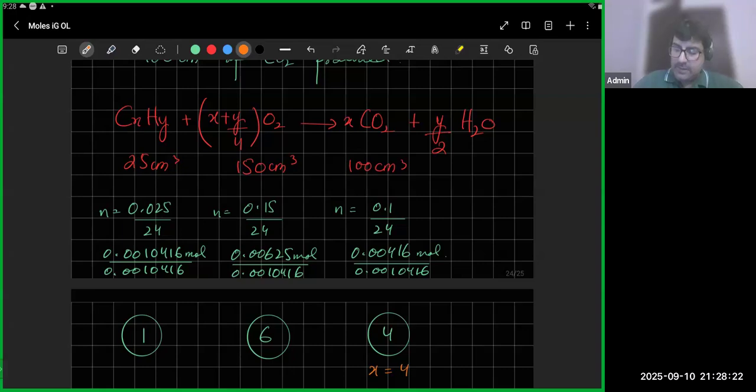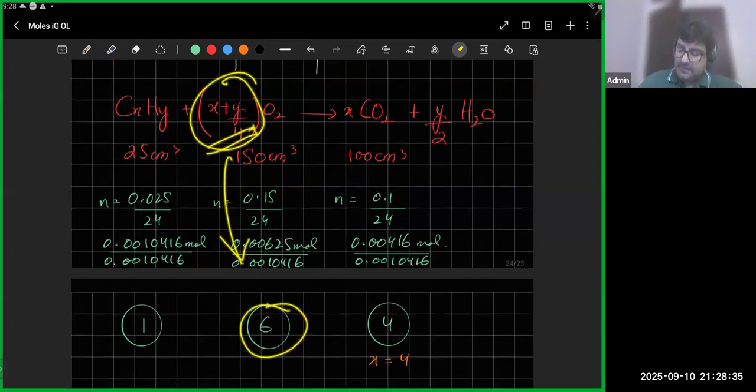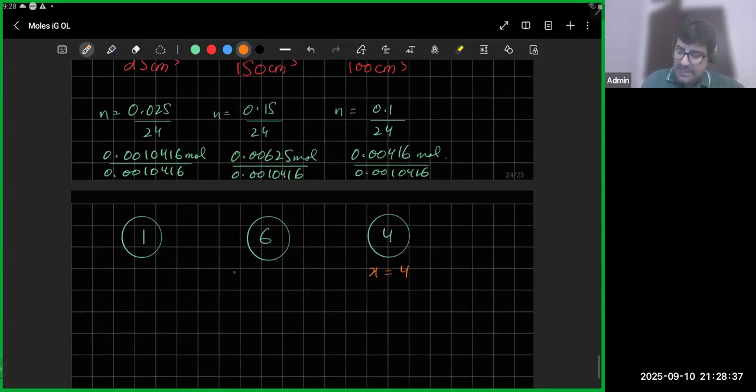Okay, similarly, the next one. O2, how many O2s? X plus Y by 4 O2s. Here what does it say? It says 6 O2s. So that means X plus Y by 4 should have a value of 6. And since I already know what X is, I can just plug that in and solve this one.